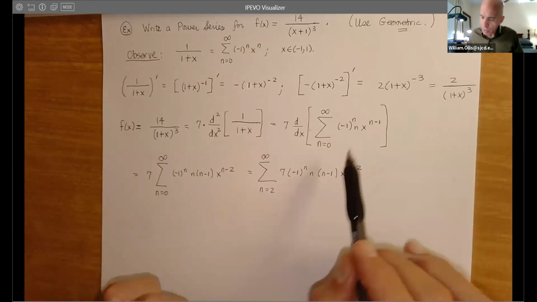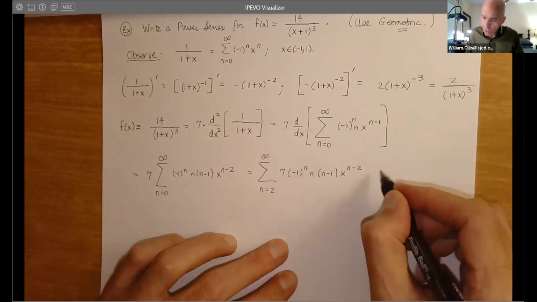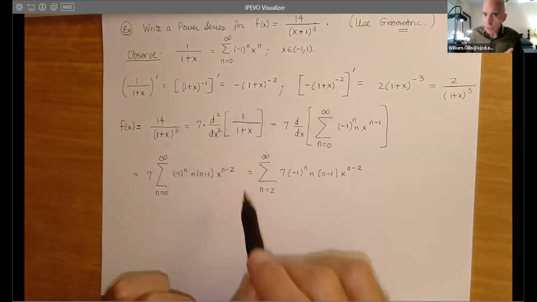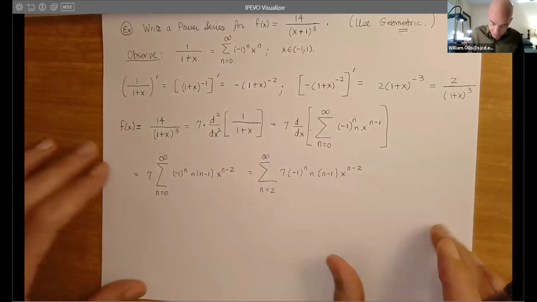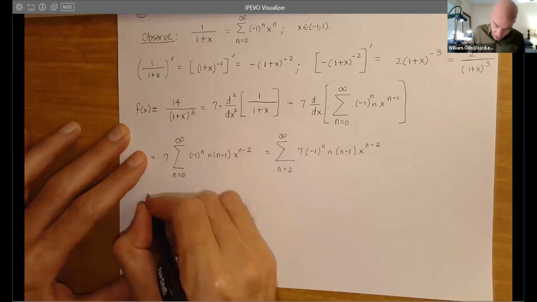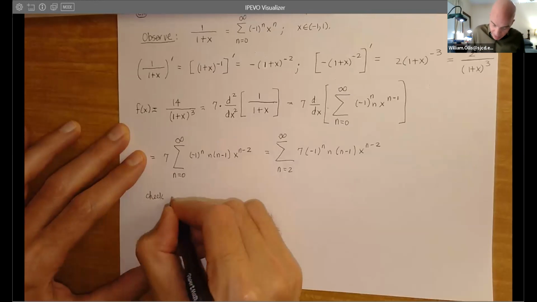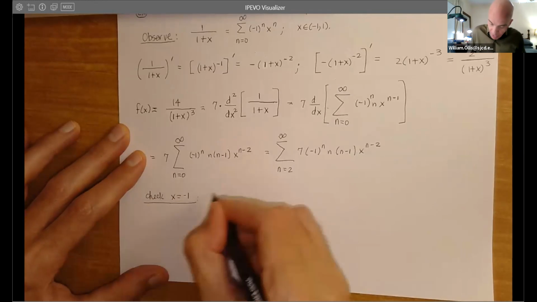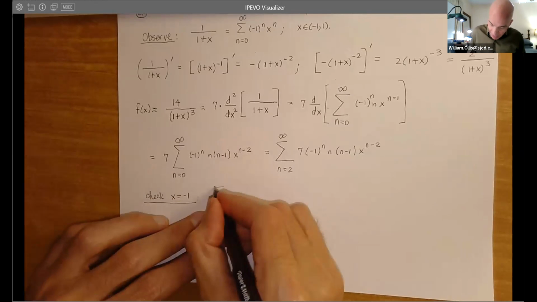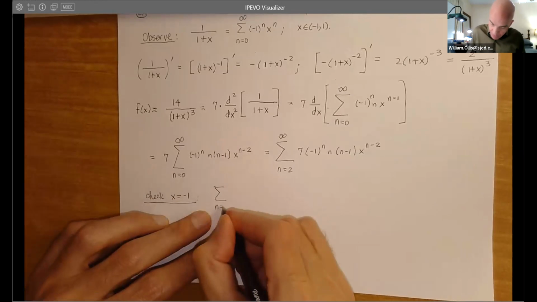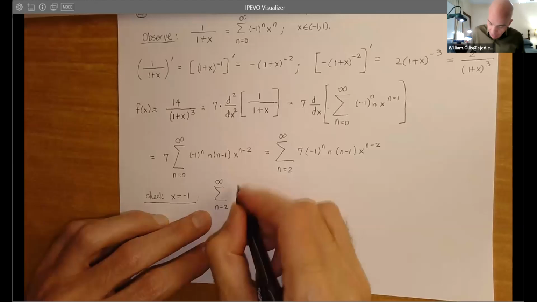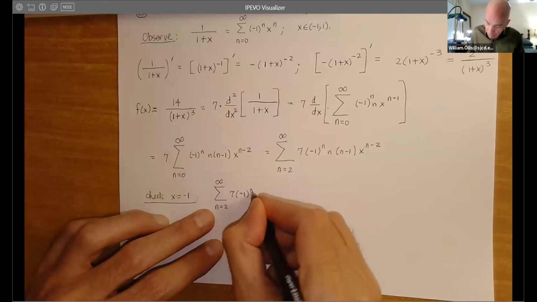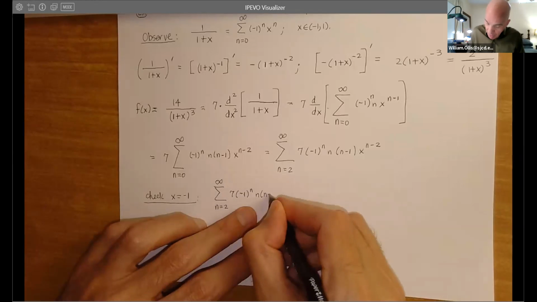Now, let's just notice, at least here, we have -1 to 1. Do we include the endpoints? Let's check. So check x equal -1. So we have n equals 2 to infinity, 7, -1 to the n times n minus 1.